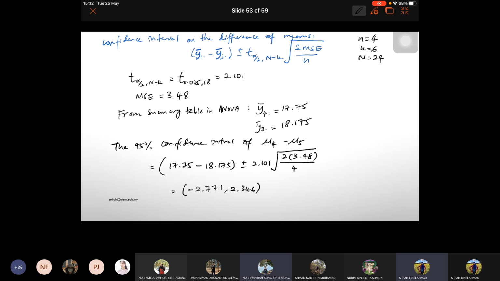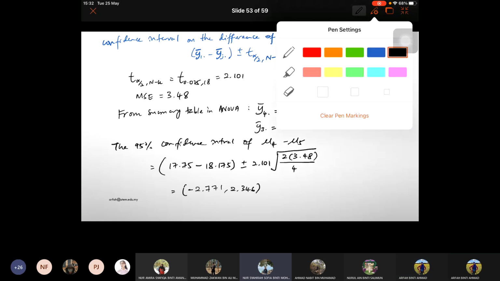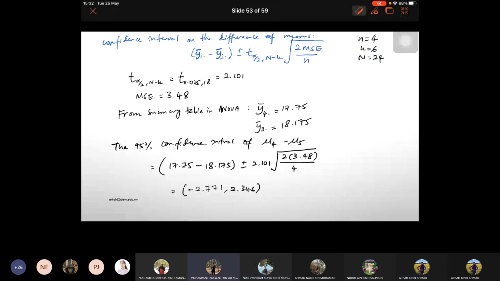Oh, okey. So dapat jawapan ni berapa? Negatif 3.19, negatif 3.2. Zakuan pun dapat negatif 3.19. So betul lah ni.